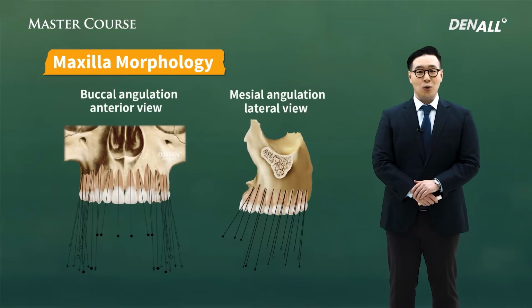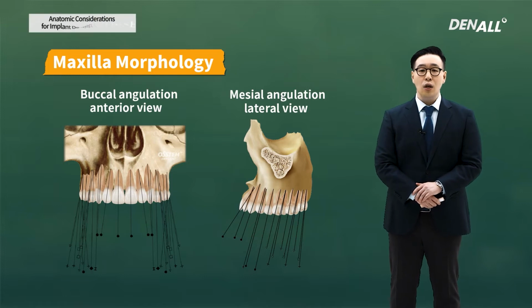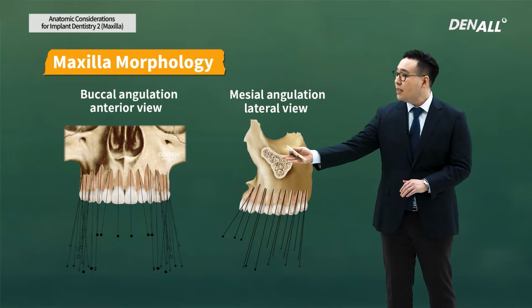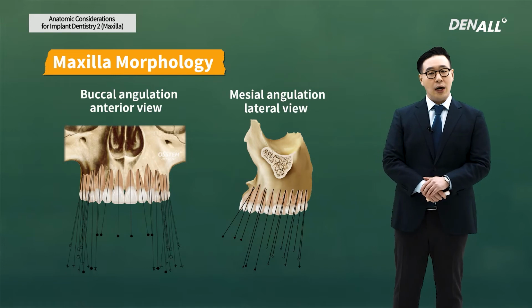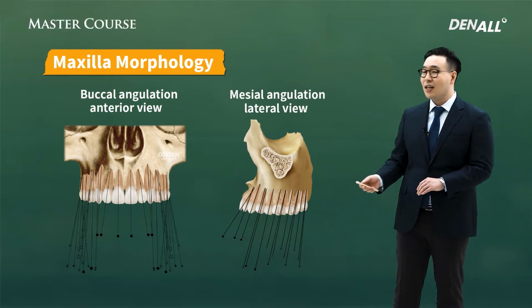This is something probably you've seen often in orthodontics, and if there's an ideal teeth arrangement from the anterior view, you would have a bit of a buccal angulation like this. And also on the right side, if you see from lateral side, all teeth are angulated mesially.